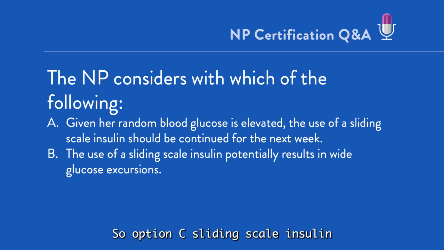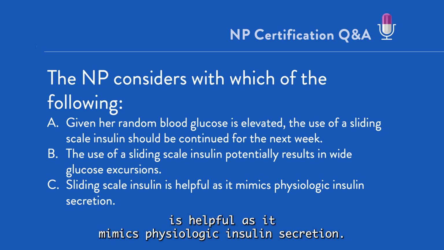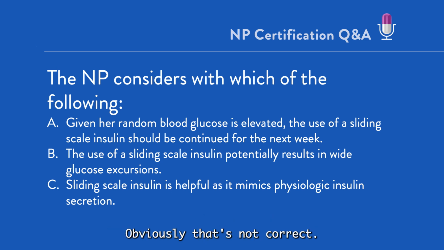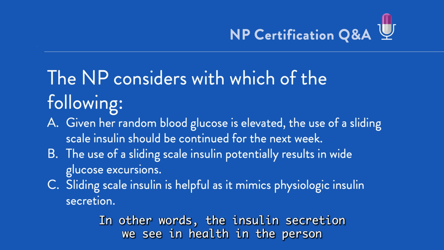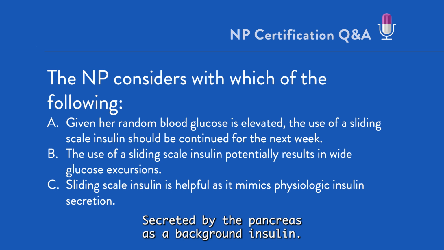Okay. So option C, sliding scale insulin is helpful as it mimics physiologic insulin secretion. Obviously, that's not correct. Sliding scale absolutely does not mimic physiologic insulin secretion. Physiologic insulin secretion, in other words, the insulin secretion we see in health in the person without diabetes, consists of roughly 50% of the body's basal insulin secreted by the pancreas as a background insulin.